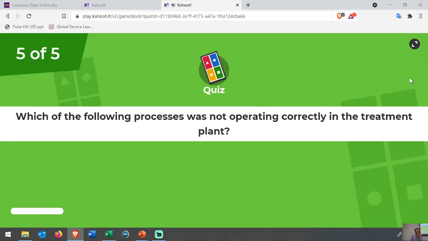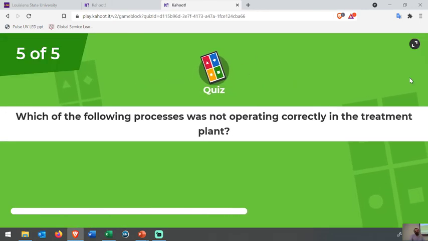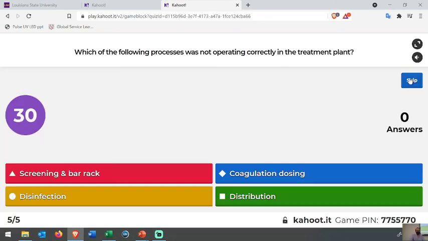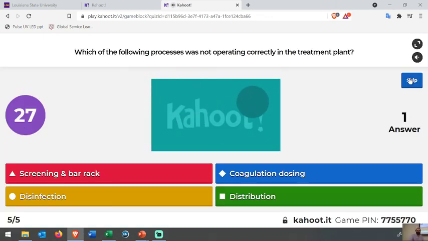Okay, last question. Which of the following processes was not operating correctly in the treatment plant? Actually, there's another one.